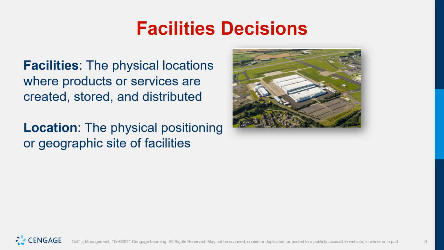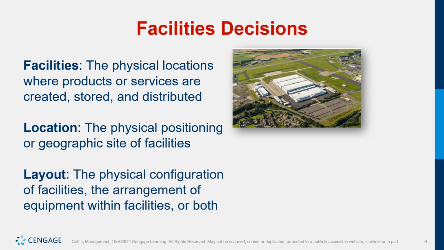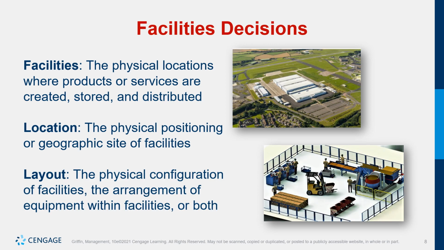Location is determined by what amenities, for example railroads, airports, etc., or customers, like mall shoppers, downtown shoppers, must be near to the facility, as well as what coincides with its organizational strategy. Layout is the choice of the physical configuration of the facilities, the arrangement of equipment within the facilities, or both.